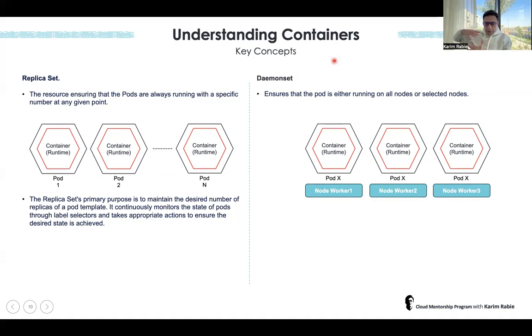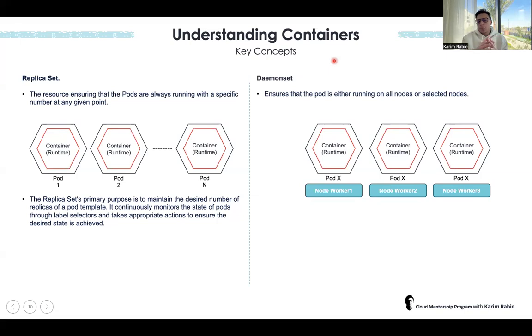These are the servers that will run the application or run the workloads. So for instance, if we have a cluster of 10 workers, 10 servers, and we say this pod is a daemon set, this means that this pod will be instantiated on all the servers, on all the workers. For sure, you can make some selective choices, but the default is to have this pod running on all nodes.